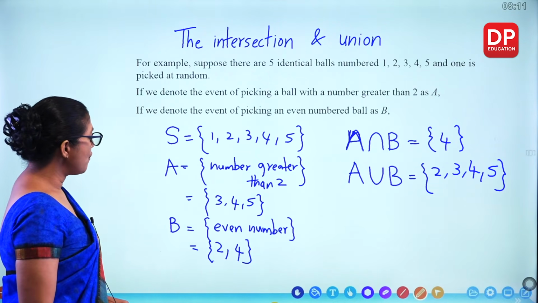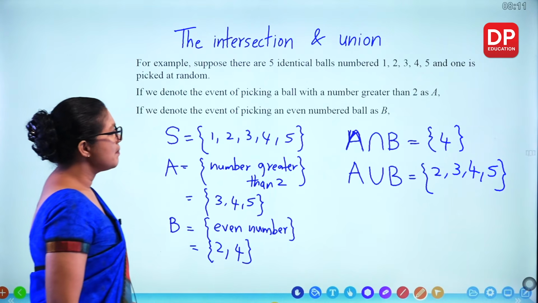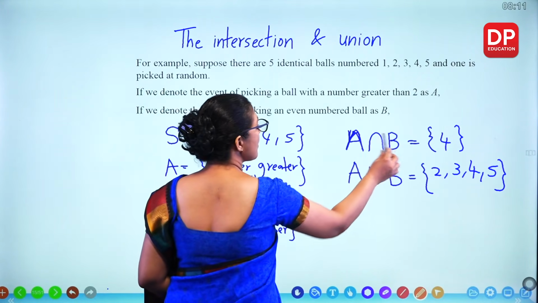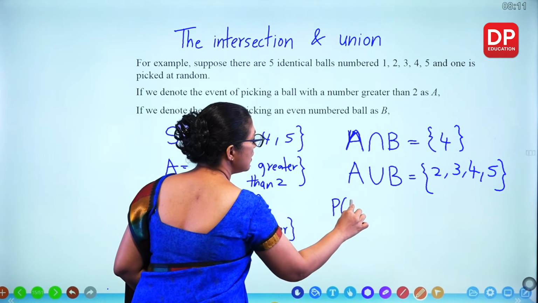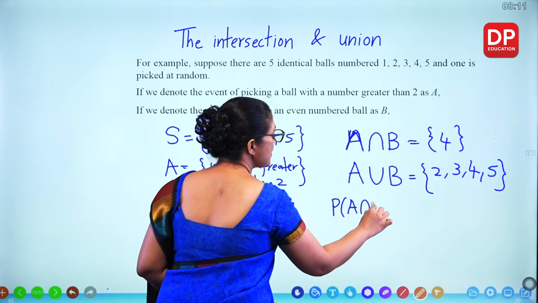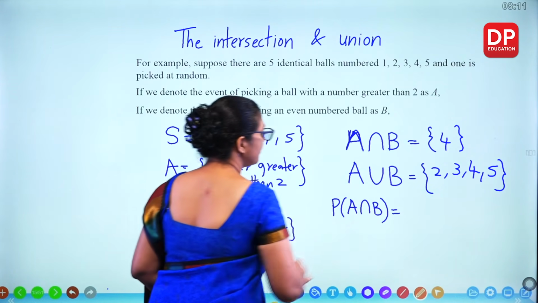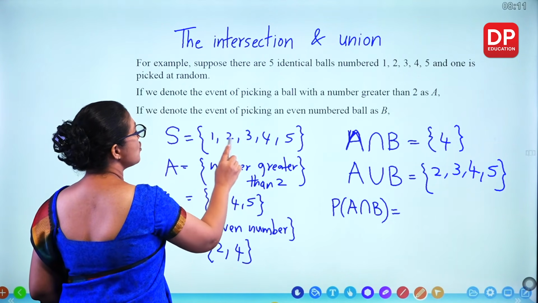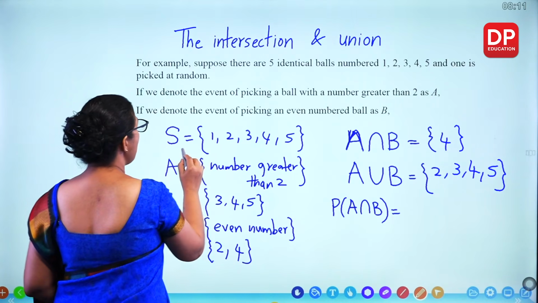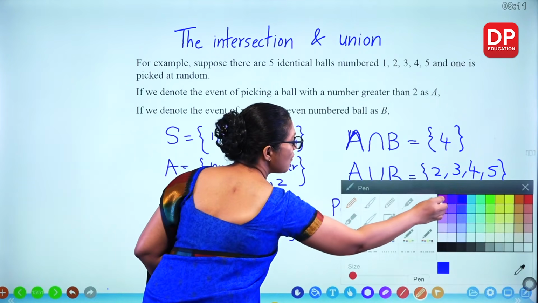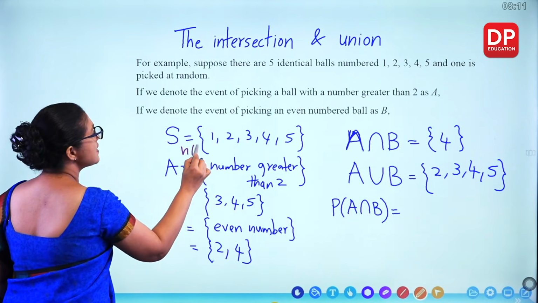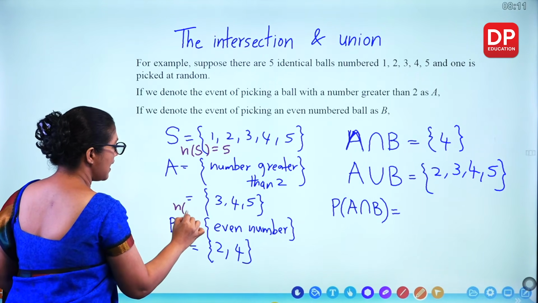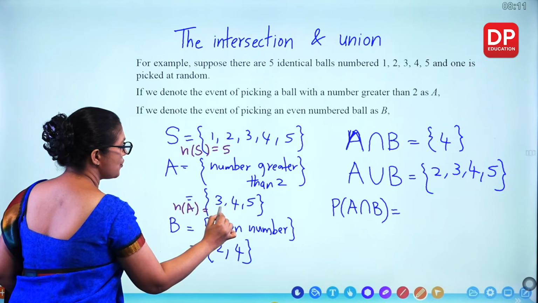Now we'll try to find a connection between these. I'll take the probability of A intersection B first. What's the probability of A intersection B? All together 1, 2, 3, 4, 5. 5 outcomes are there. n(S) is 5. What's n(A)? n(A) is 3.